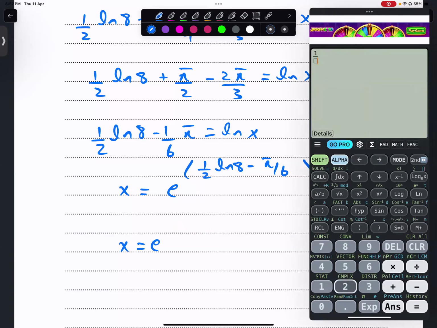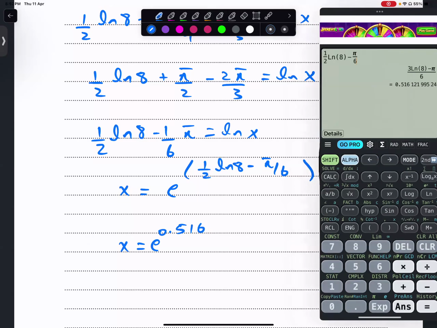But let me calculate the power only. So 1 over 2 ln of 8 minus pi divided by 6. Let me see. This is 0.516.